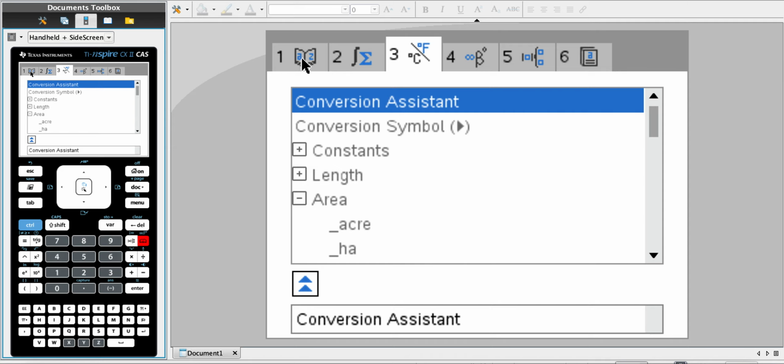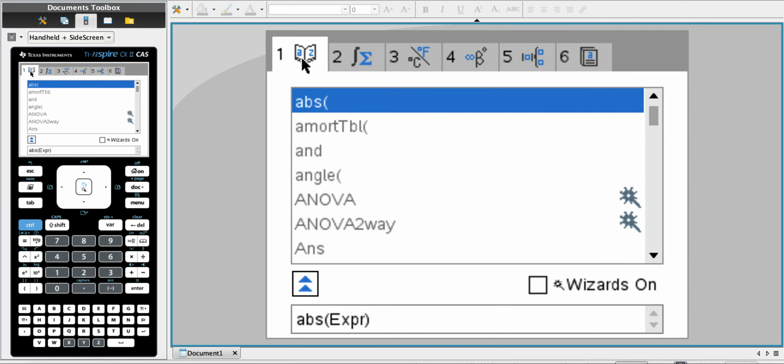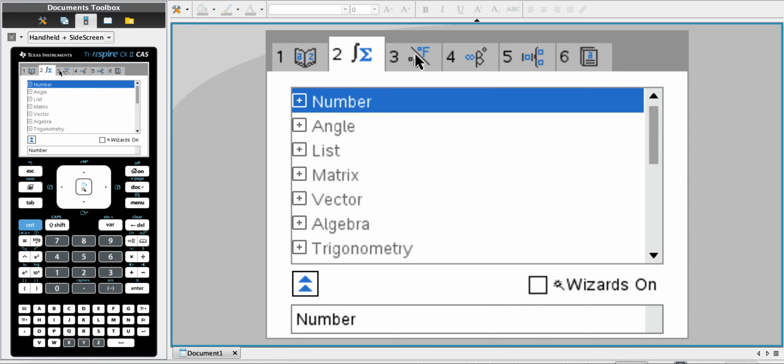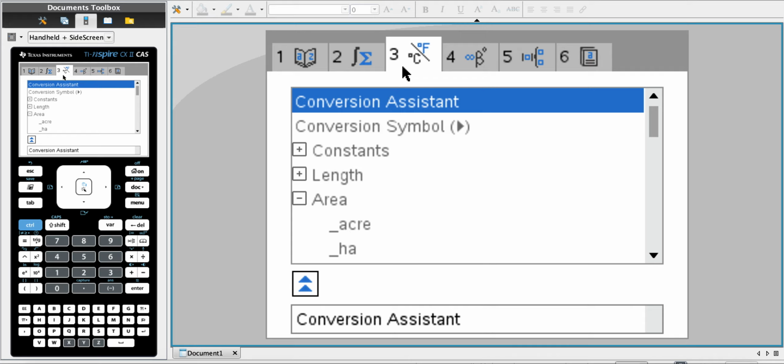Beautiful. Yours might come up here in number 1. I'm not going to spend time on what all of it is, but basically this is like a book that is going to help you with so many things from now on. There's a lot of information here as well, but the one we're going to work on at the moment is number 3, that has a Celsius and a Fahrenheit sign and says conversion assistant. So click there.